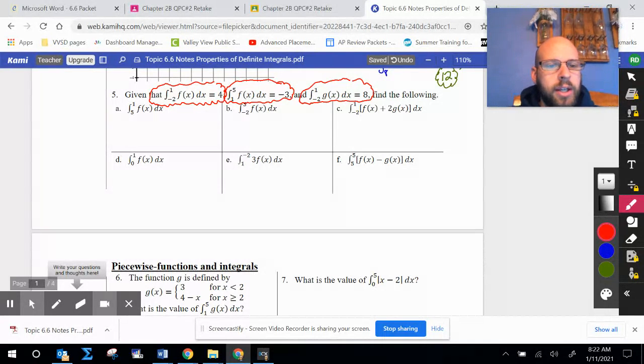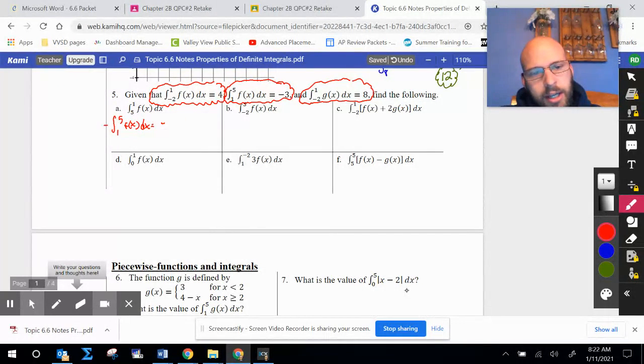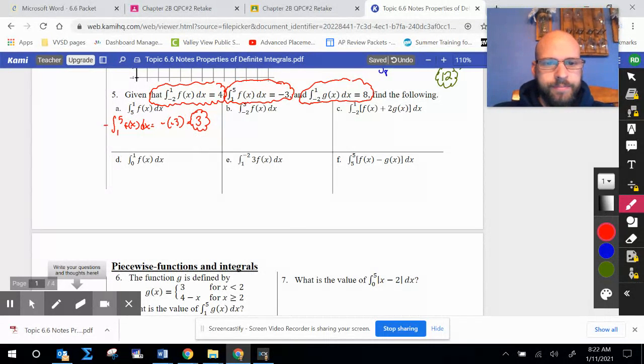If I want the integral from 5 to 1, that's the same thing as saying a negative from 1 to 5 of f of x dx. And we know from 1 to 5, that's going to be a negative times a negative 3, which would be a positive 3 as my answer.